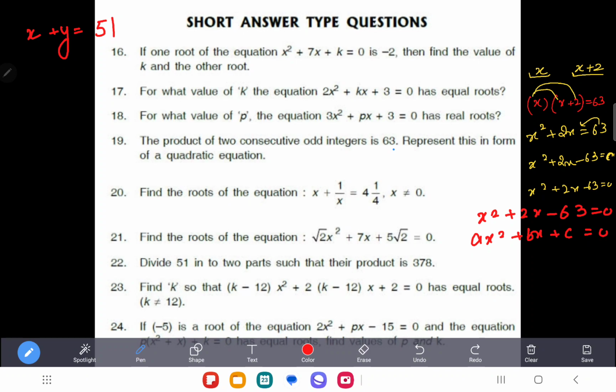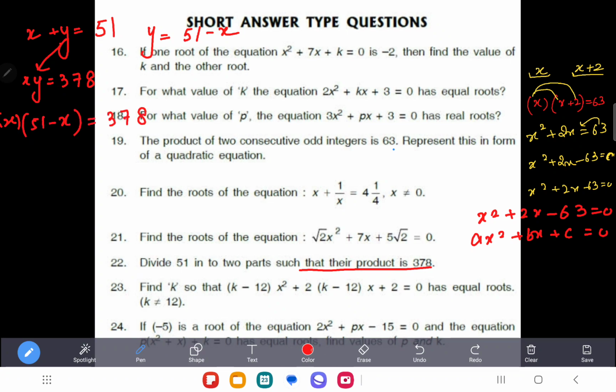And what does it mean? Such that the product is 378. So x times y is going to be 378. I hope you're understanding. So very simple now. Can you not substitute the value of y as 51 minus x? So x into 51 minus x is going to be 378, isn't it?